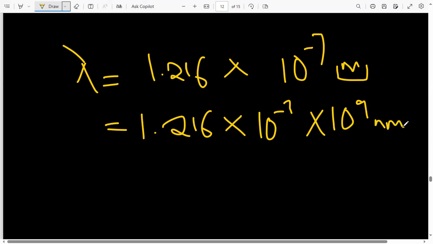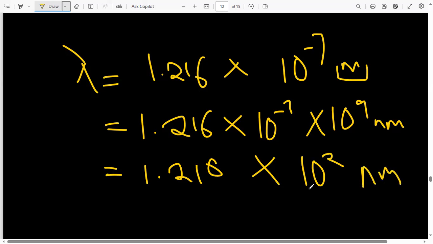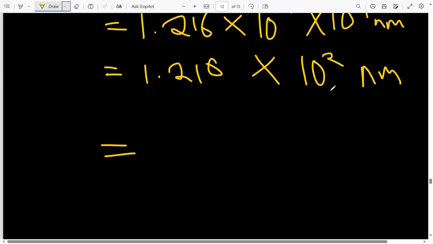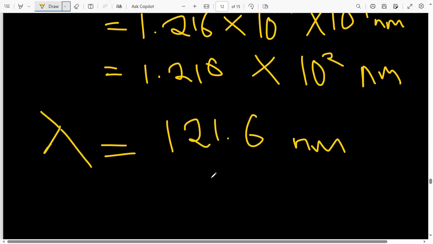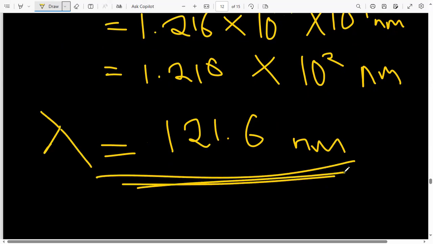Then this becomes nanometers because I've introduced this factor. They are of the same base, so we just add minus 7 plus 9, so this will be 1.216 times 10 to the power 2 nanometers. 10 to the power 2 is just 100, so I just move 2 decimal places, 1, 2. So our wavelength is 121.6 nanometers.